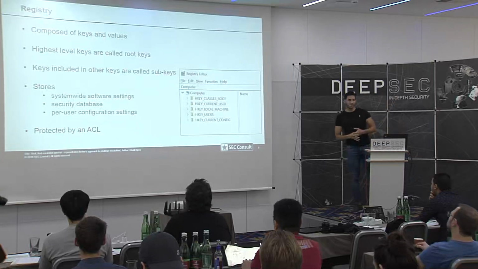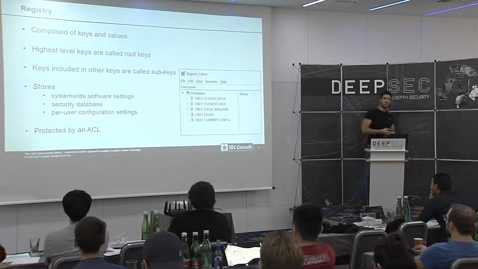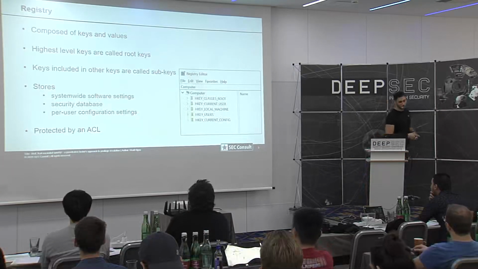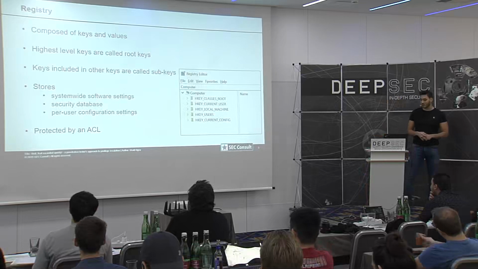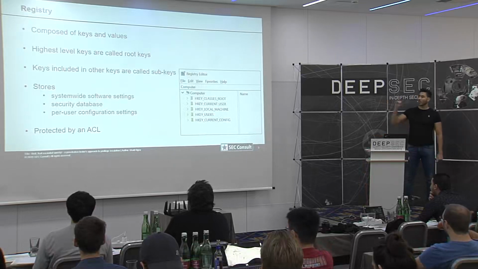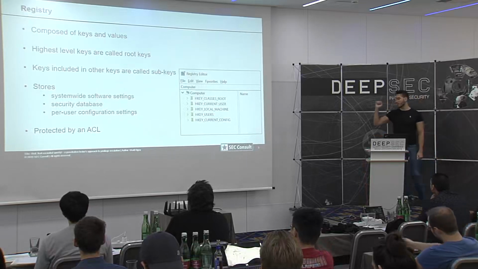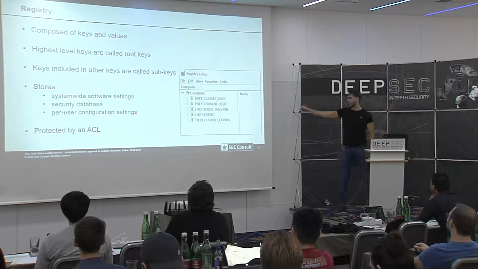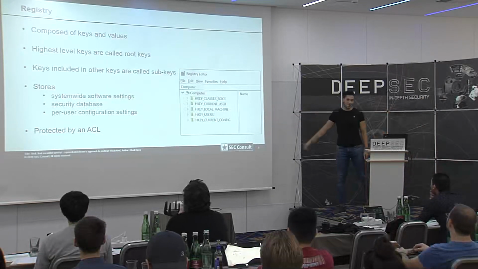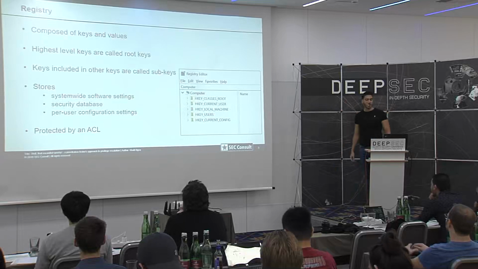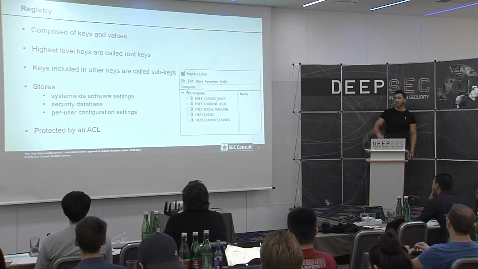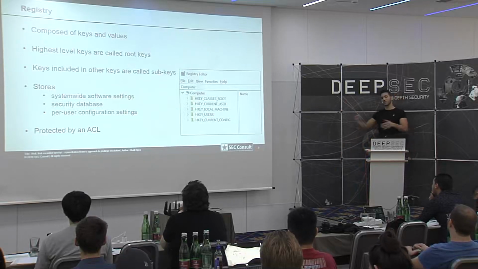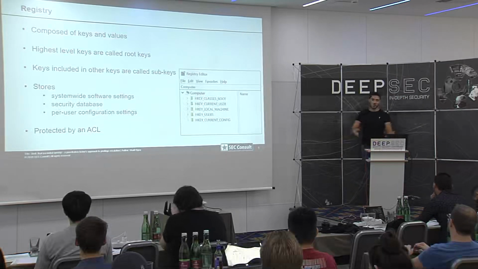The registry. The registry is a very big database that is composed of keys and values. The highest values are called root keys, which you can also see in this picture. These are the root keys of the registry. And these keys again contain subkeys, which again could contain further subkeys or then values.